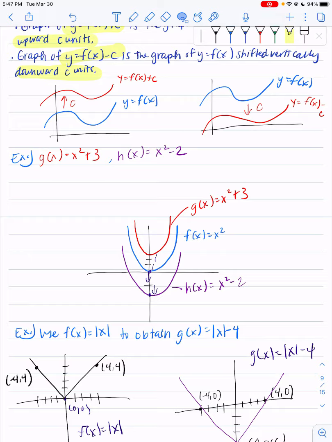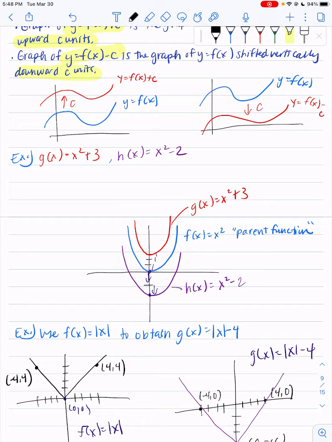So here we have f of x equals x squared. This is actually known as the parent function, or our original function before the transformations. Usually the parent function is going to be a pretty common function, or your bare bones function that you'll be able to recognize.